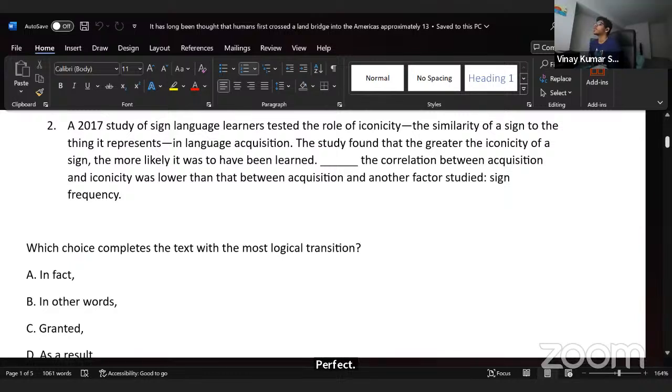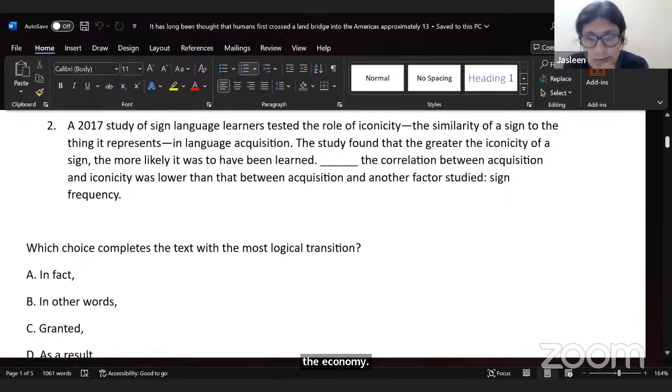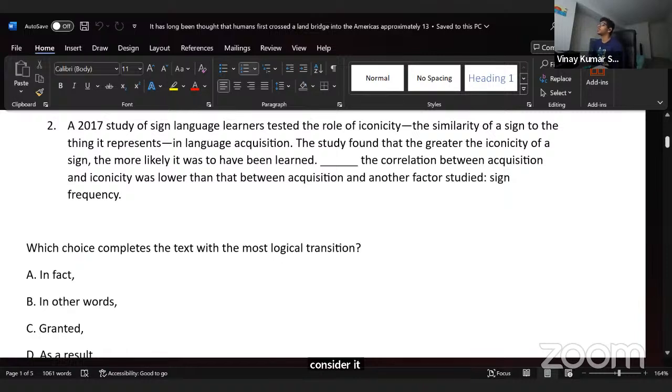Read this one. A 2017 study of sign language learners tested the role of iconicity, the similarity of a sign to the thing it represents, in language acquisition. The study found that the greater the iconicity of a sign, the more likely it was to have been learned.